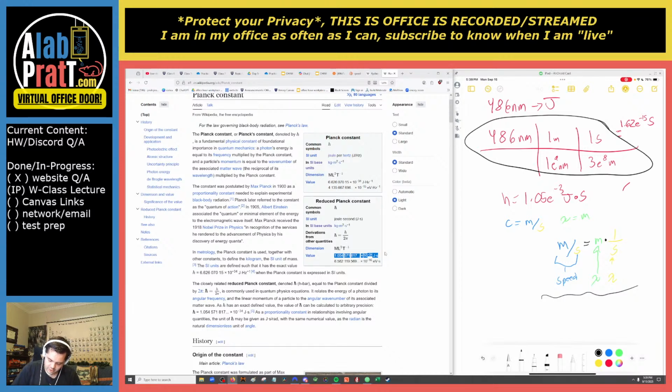I'm saying that if I know the wavelength and I divide it by the speed of light, which is meters, I should make that clear that that's still in meters per second, it is going to bring my second frequency on top.